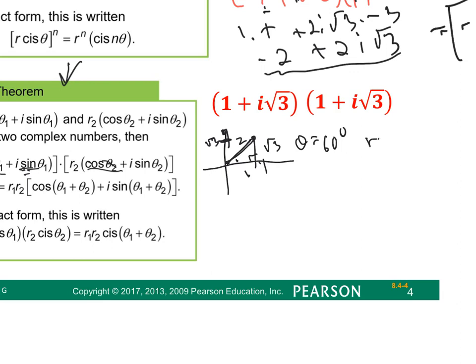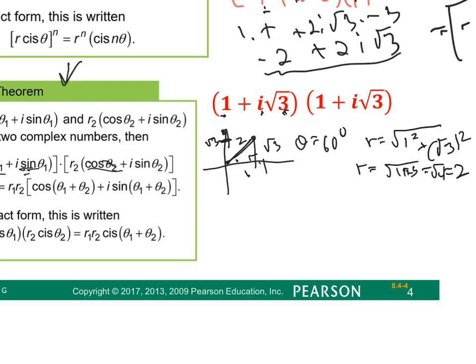So r will be the square root of 1 squared plus square root of 3 squared, which is 3. So r is equal to the square root of 1 plus 3, which is square root of 4, which is 2. So here's my vector.